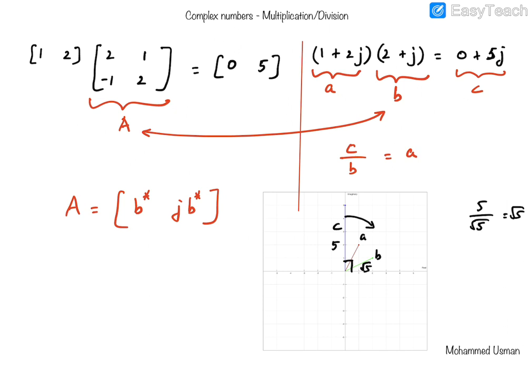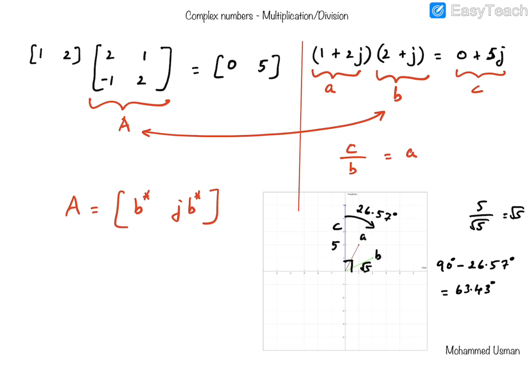So that means c will get rotated in the clockwise direction by 26.57 degrees. So the angle of the resulting complex number after the division will be 90 degrees minus 26.57 degrees, which should be equal to 63.43 degrees.